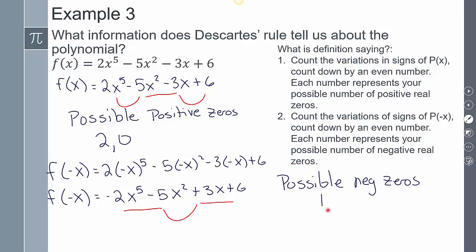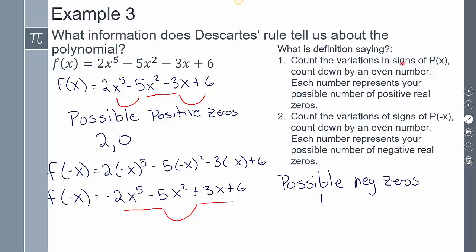But I know for certain it's going to cross the x-axis in the negative region once. There's a chance it won't cross here, but it definitely will cross here. So when I do my p's over q's, I should start with my negative zeros, because there's a definite chance that a negative zero is going to be there.